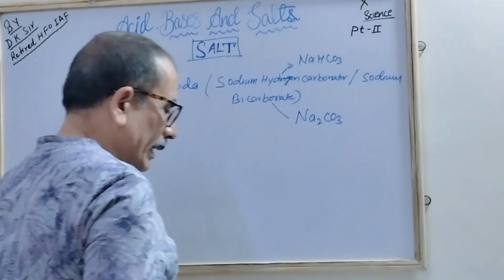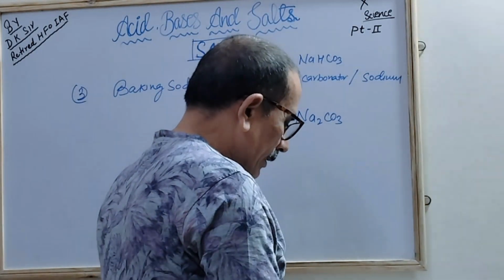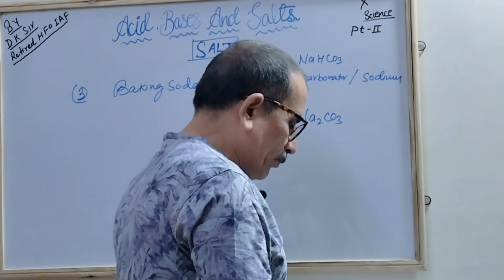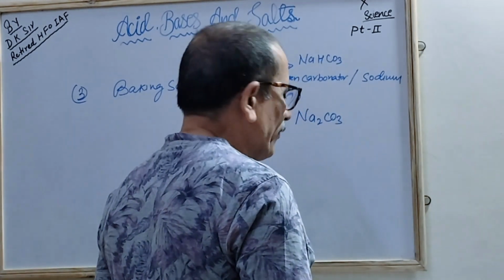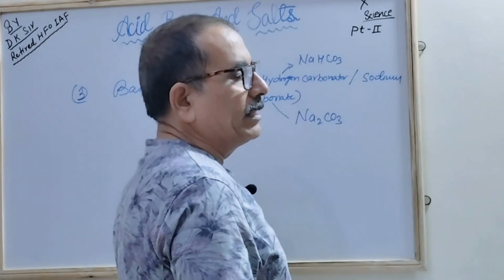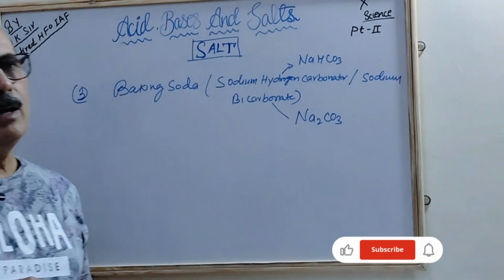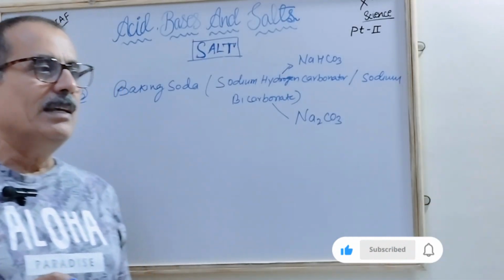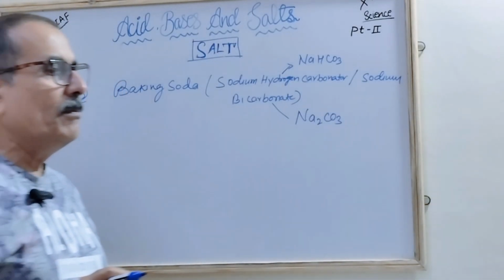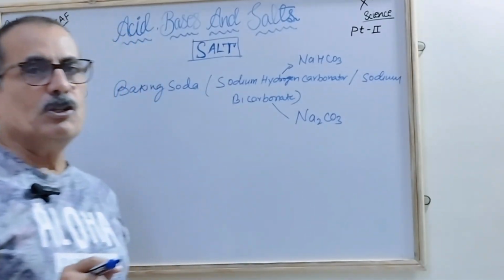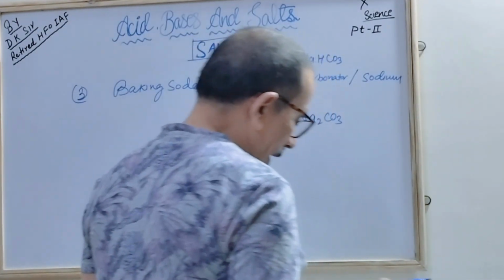Baking soda is commonly used in the kitchen. If you want to prepare pakoda, you find that it should be crunchy, it should sound like a teeth, it should be more pleasant and tasty. You are using the baking soda, correct?